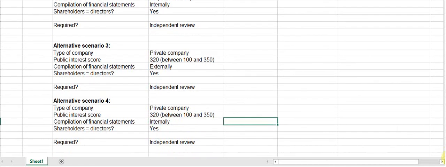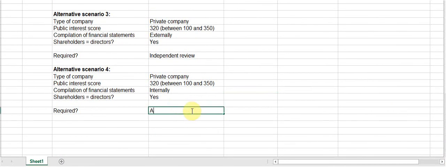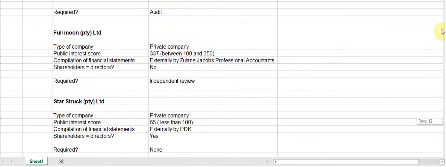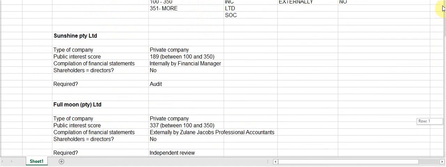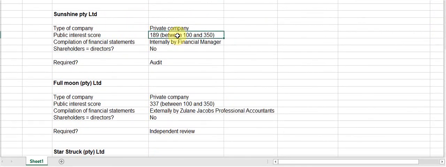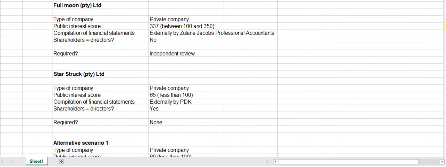Then it would again change to an audit. So you would find that when we have a score that is between 100 and 350, the most important thing to check for is how it will be compiled. Is the financial statements compiled internally or externally? That would be the main decision.